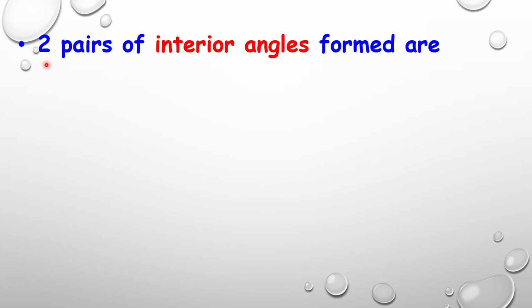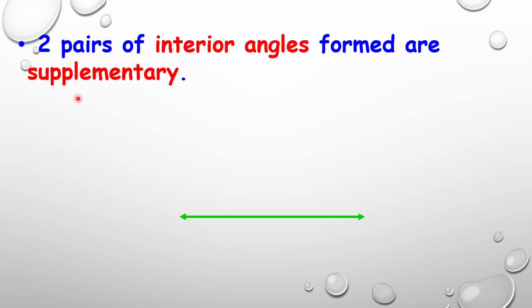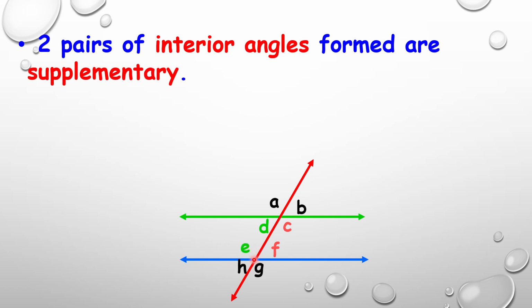Second property: two pairs of interior angles formed are supplementary. We know the definition of supplementary angles. Two angles whose sum is 180 are called supplementary angles. Here in the figure, two parallel lines and a transversal are given, and the angles formed by the transversal are A, B, C, D, E, F, G and H, which include the two pairs of interior angles.